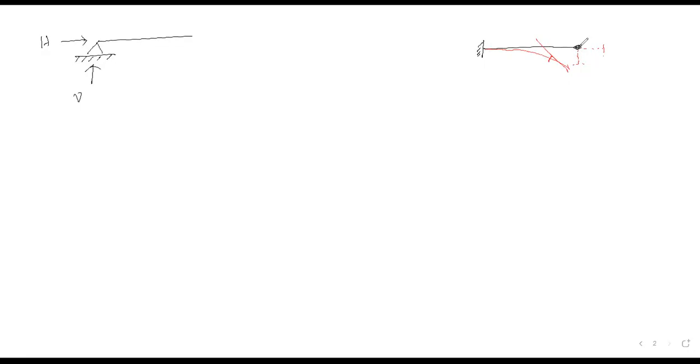I am discussing the free junction, not a fixed junction. So any free junction is capable of translating in 2 directions, one in x, another in y, and rotating in 1 direction. Yes or no? Any free junction. Agree? And this is nothing but your degrees of freedom. Is it okay? Is this clear?